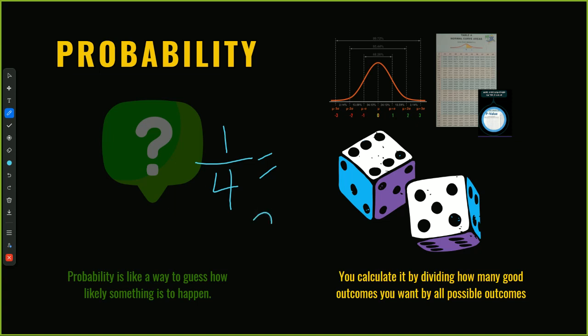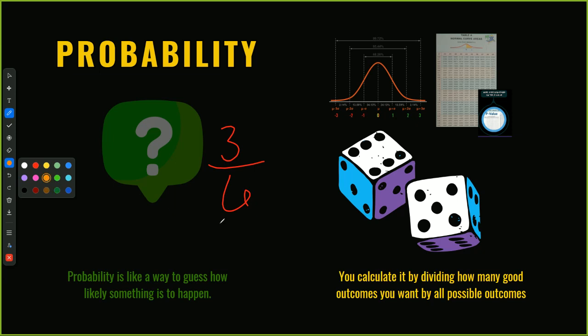That's going to lead to a probability of 25%. Or when I eat pizza, I eat 3 out of 6 slices, and the other 3 slices go to my wife. That's essentially going to be 1 out of 2, which is 50%. That's the probability of something.